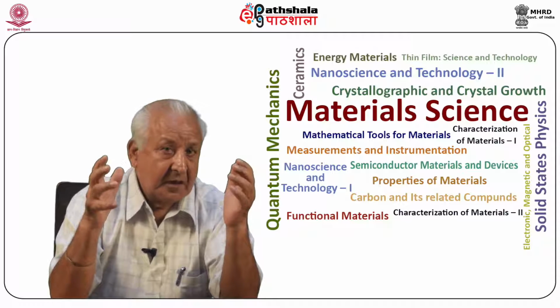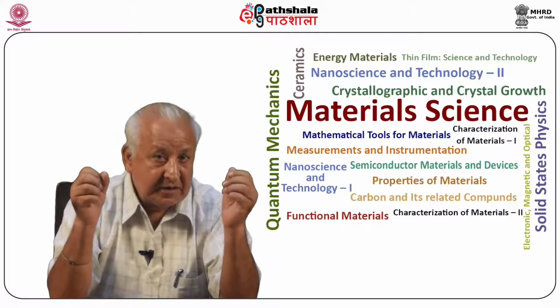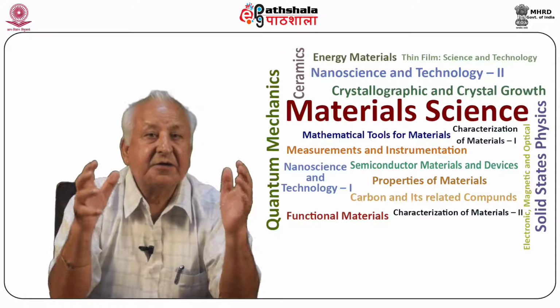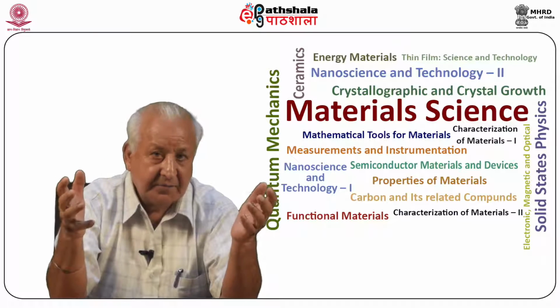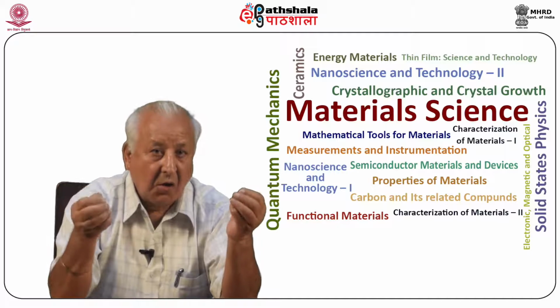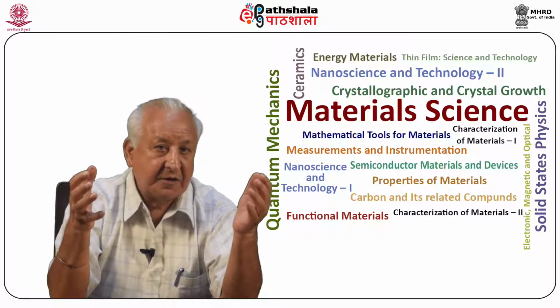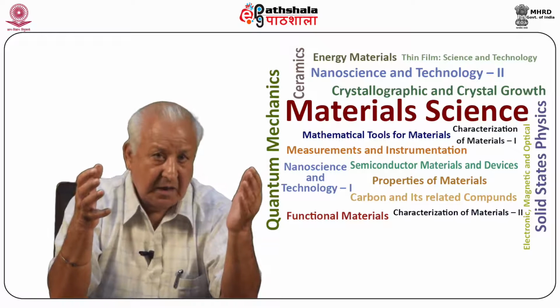Number three, crystals can also be made colored by exposing them to high energy radiation like X-rays, gamma rays, or irradiating them with energetic neutrons or electrons.